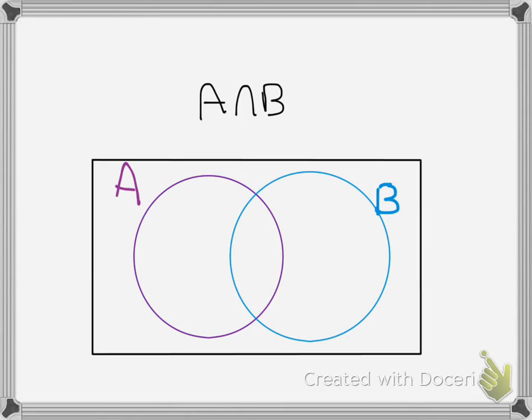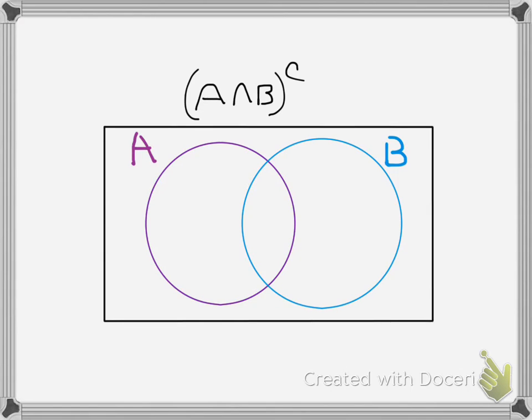So the first one I want to look at is the region of A intersect B. So I'm going to go ahead and shade this. A intersect B is just that football region right in between. Okay, not too bad. When we take it a step further, now we're looking at the intersection of A and B, but we want to have the complement of that.